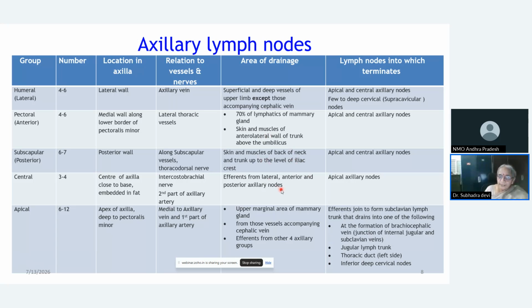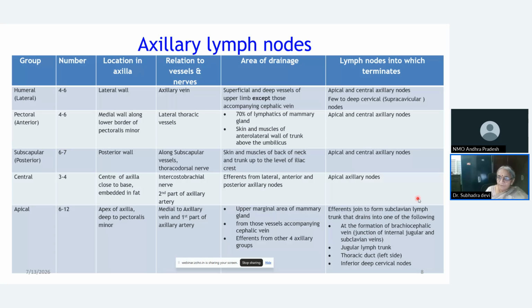Then the lateral, anterior and posterior go to the central, and the upper marginal area of mammary gland goes into the apical group, and those accompanying the cephalic vein, the other four groups will also go to the apical group. And where do they terminate? So humeral to apical and central, and a few can go to supraclavicular. Pectoral goes into apical and central. This is only apical, central too.